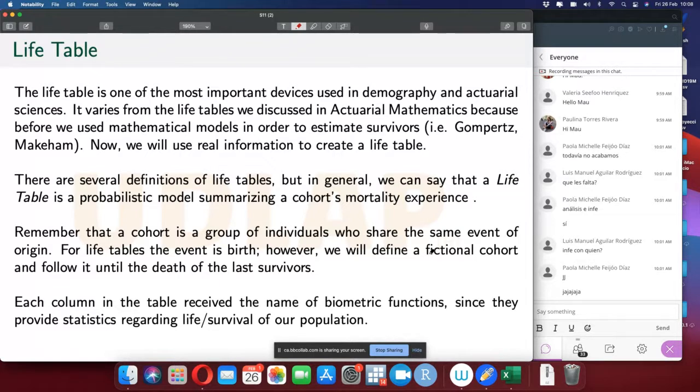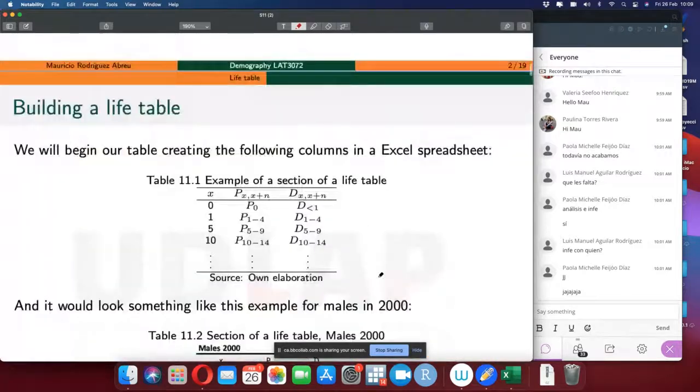So again, we are going to see how we are going to track this impact of mortality based essentially on what we call biometric functions or biometric variables that are the columns in our life tables. And they receive this name because they are measuring life, and they are measuring different aspects of life. So yes, that's what we're going to be doing.